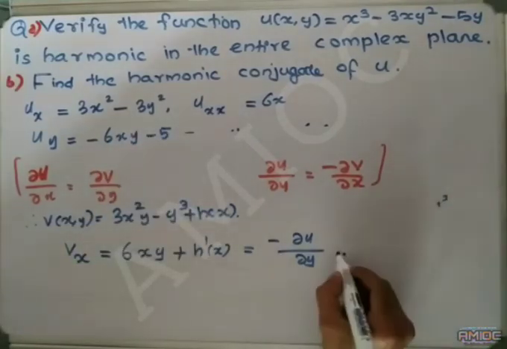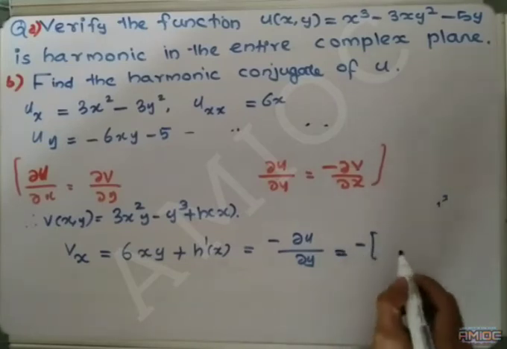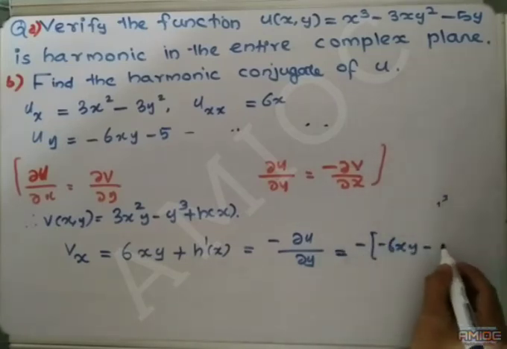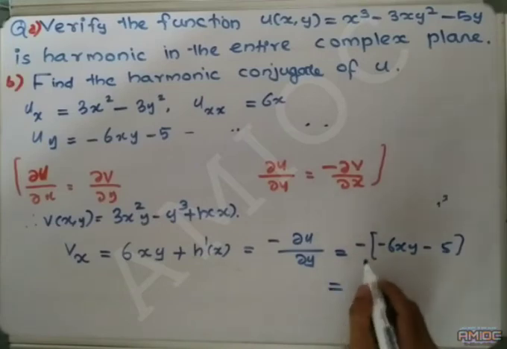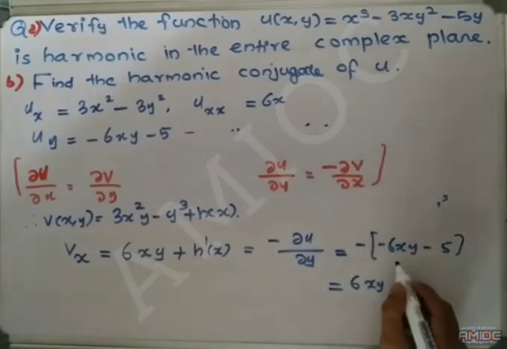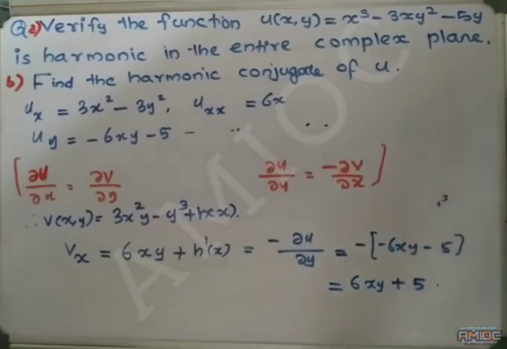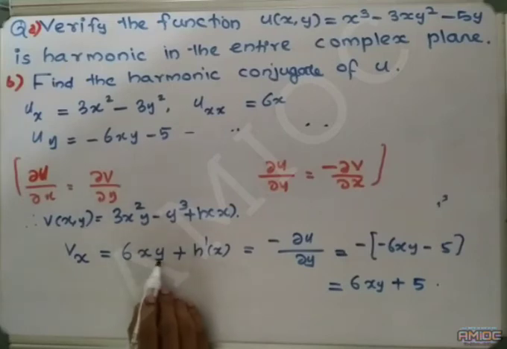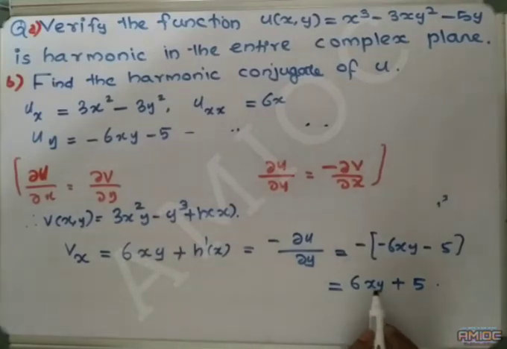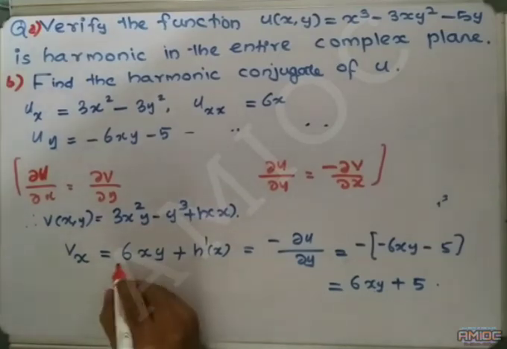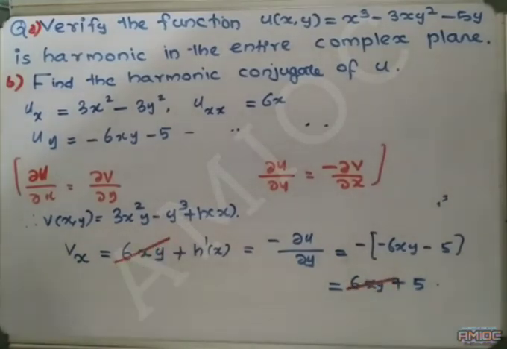Therefore, this equals minus of minus 6xy minus 5, that is, minus into minus becomes positive, 6xy plus 5. So 6xy plus h dash of x is equal to 6xy plus 5. We can cancel 6xy on both sides. Then we will get h dash of x is equal to 5.